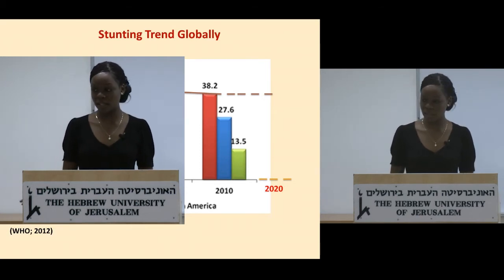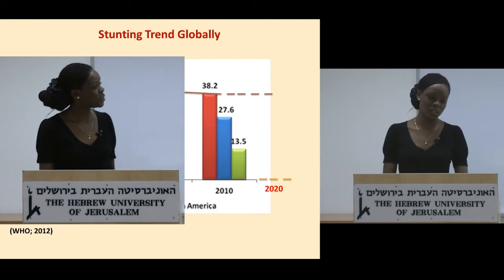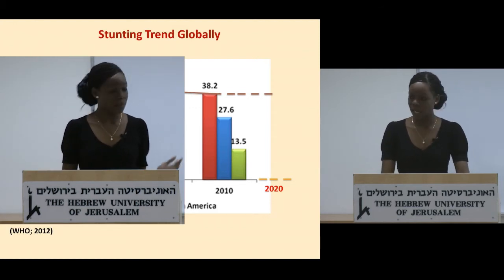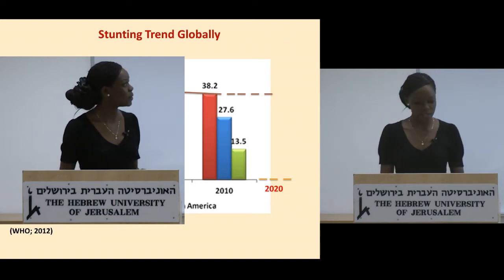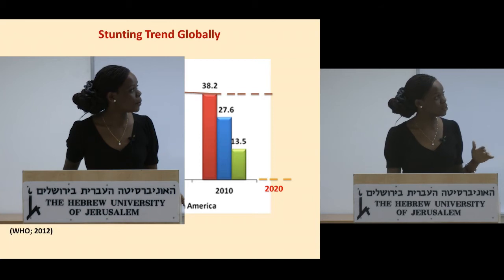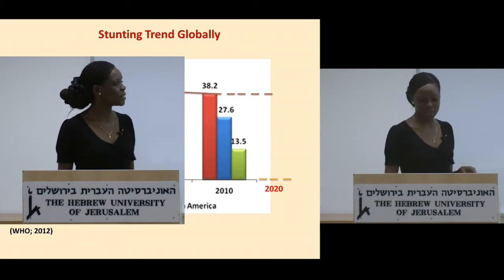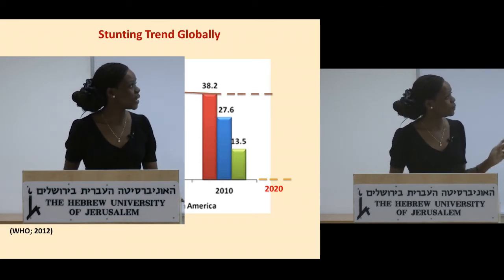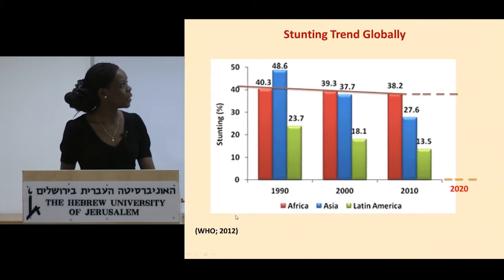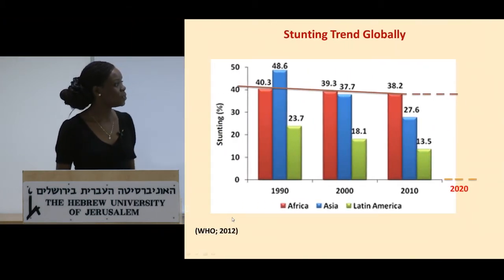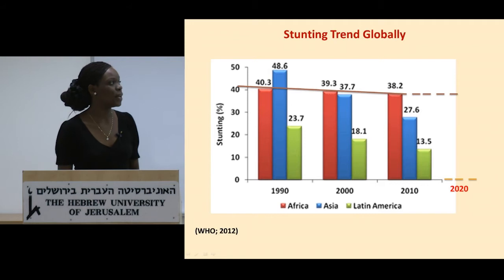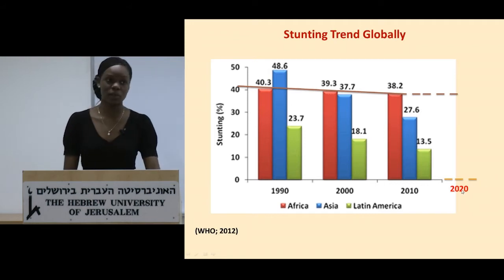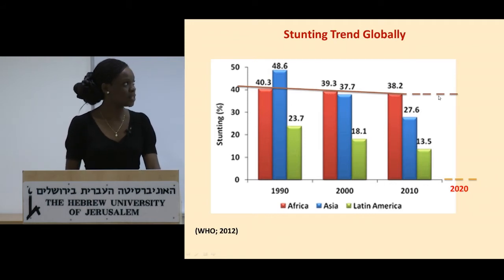As you can see in this graph, in recent years the rates of stunting are going down, but Africa, represented by the red bars, appears to be at a quite constant rate, and even in 2020 it's projected that the rates will still be at that level, with only an increase of 0.7 units in the height-for-age Z-scores.